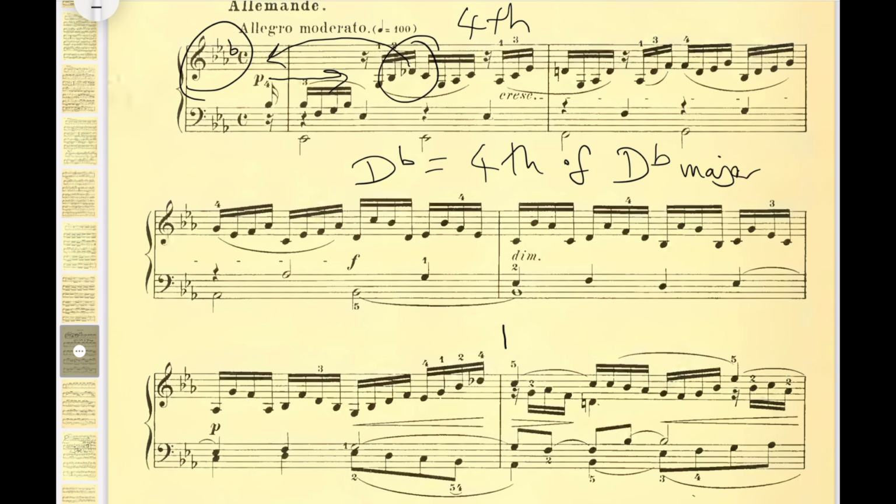And again, like before, we should see some type of confirmation. So it should move. Here we've actually got an E flat pedal point. But, you know, here's the dominant, because we've got E flat, G, B flat, D flat, which is the dominant seventh of A flat major.